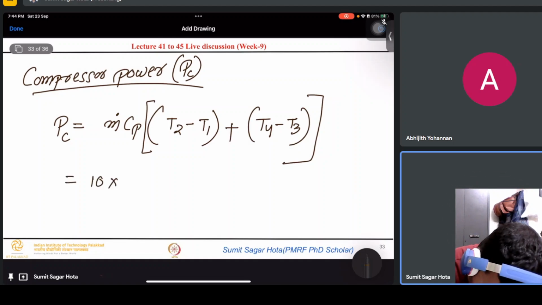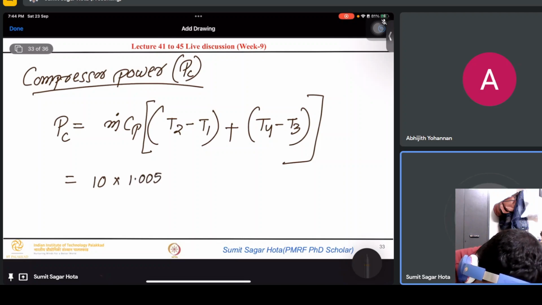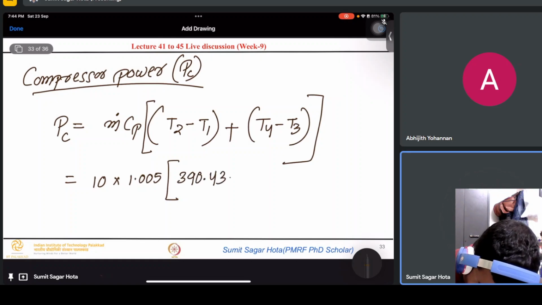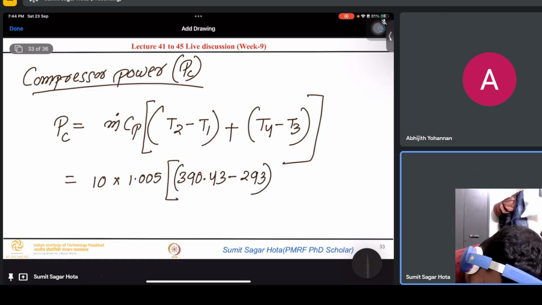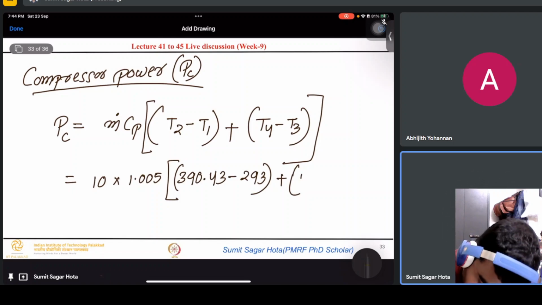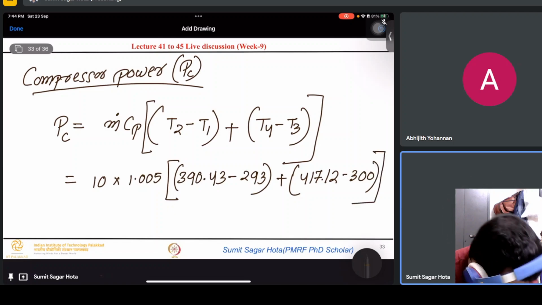So this is 10 into 1.005 into (T2 390.43 minus T1 293) plus (T4 417.12 minus T3 330.43).